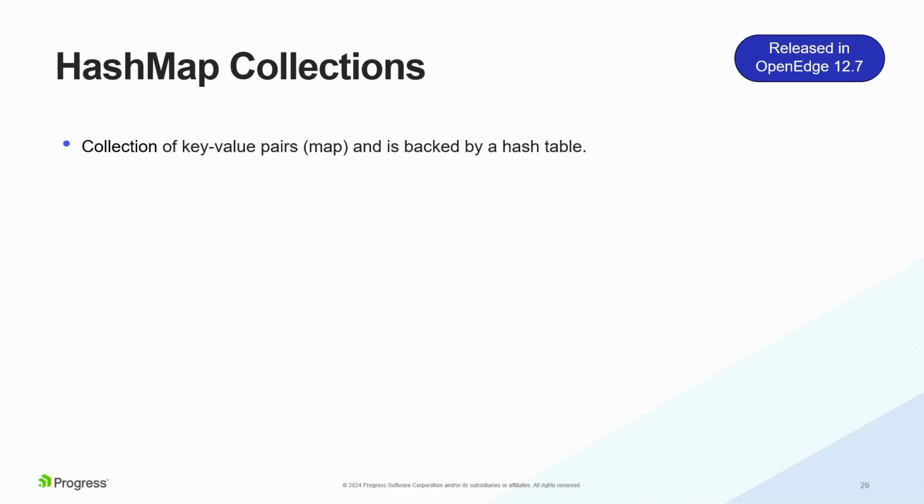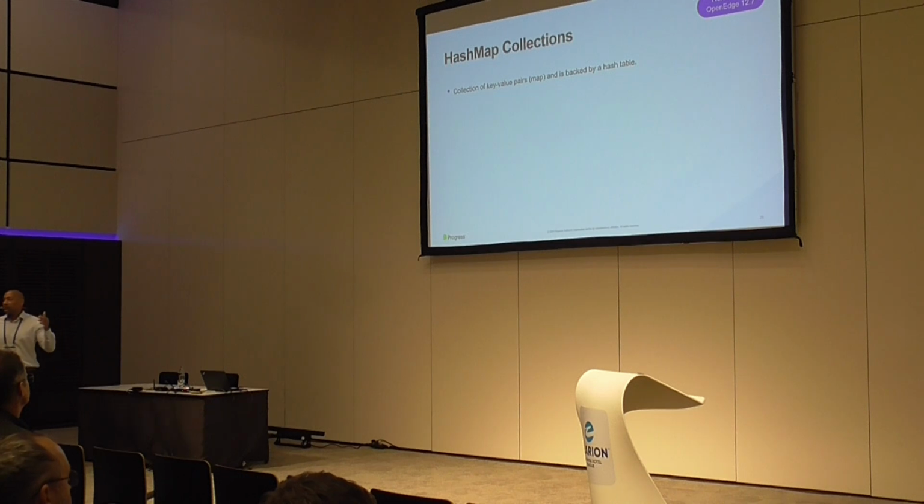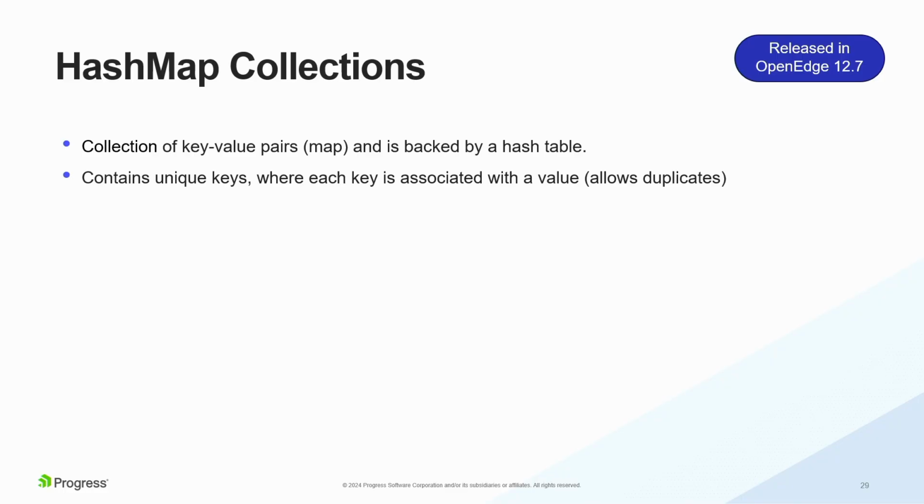All right, fast forwarding, that was OpenEdge 12.5 and 12.6, and this is 12.7. We introduced yet another built-in construct called hash map collections, a collection of key value pairs, also referred to as a map, that's backed by a hash table, hence the name hash map. A hash map, by definition, contains unique keys where each key is associated with a value.